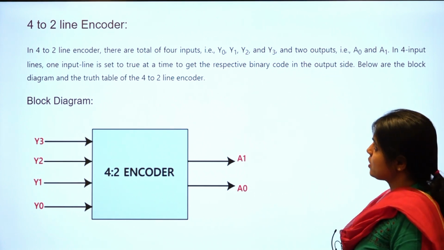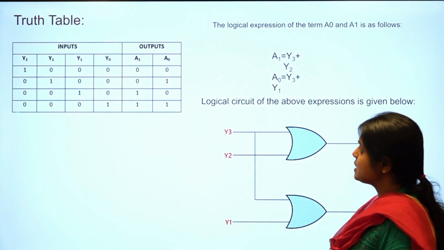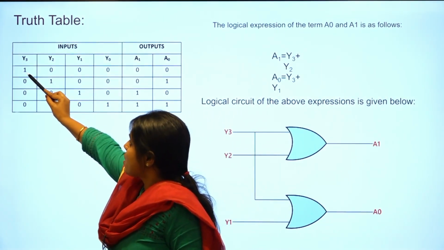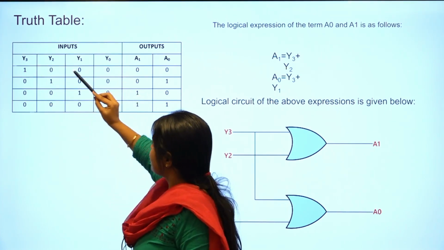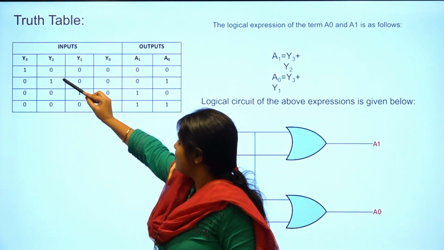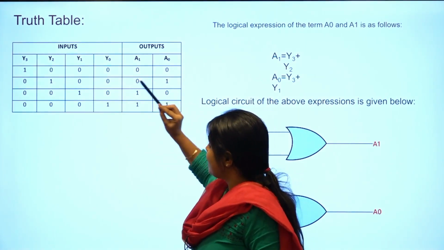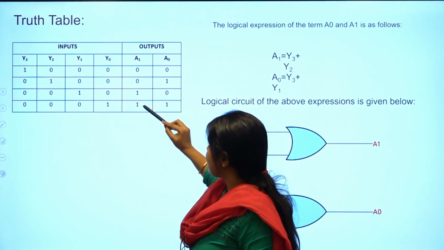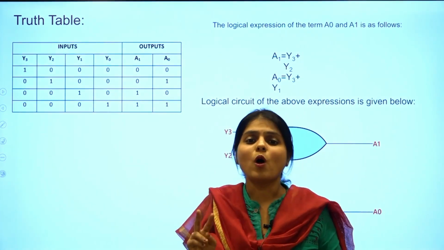Now let's check the truth table. For the combination 1 0 0 0, my output will be 0 0. If Y2 is activated, my output will be 0 1. If Y1 is activated, my output is 1 0. If Y0 is activated, my output would be 1 1.